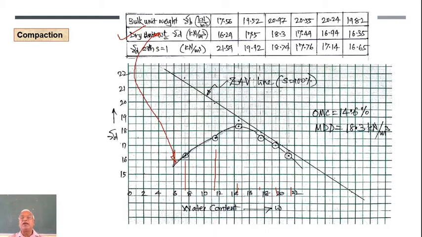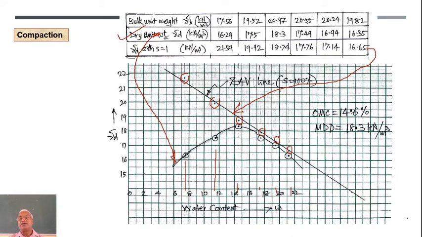Now with the last row values, which is the zero air void line, if I plot them, I'll get this curve. Here there are points number 1, number 2, number 3, number 4, number 5, number 6. You can check the values, they are continuously dropping, because of that the line comes down like that.